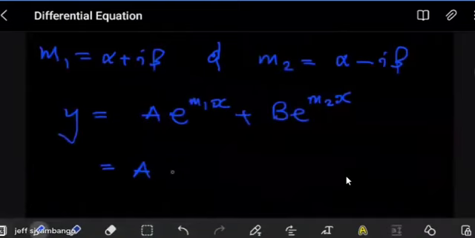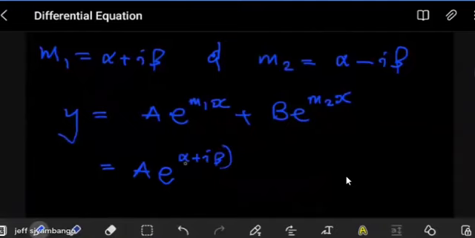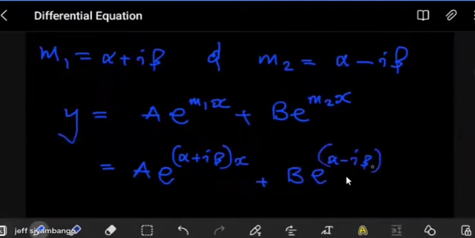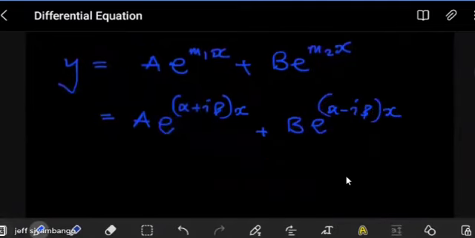So you now have A, e, where for M1 you put alpha plus i beta, and this multiplies x. Then you have plus B, then e, and again alpha minus i beta, and this has an x there. Of course, now you can distribute that x. After that, we'll have to see again some rules of exponents.